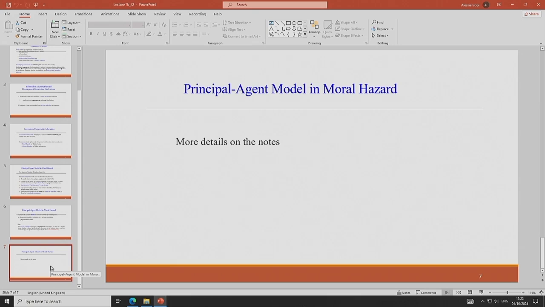Now, in order to understand the ways in which the principal can incentivize the agent to exert the highest level of effort, we have to consider two important elements, two important constraints.